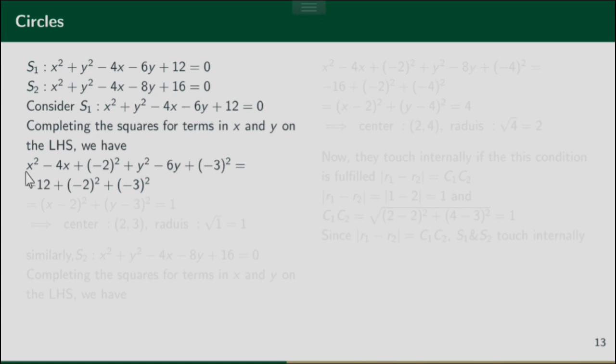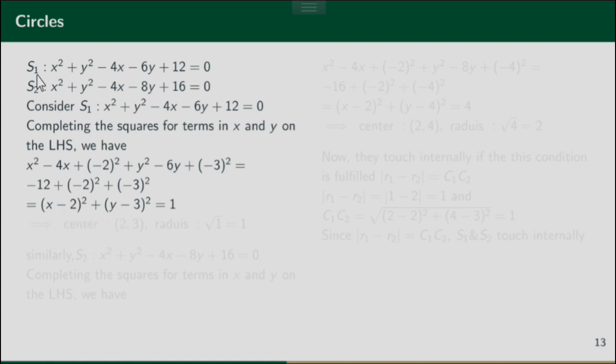Doing that will ensure that the left hand side is now a perfect square in terms in x and a perfect square in terms in y. So computing the squares now, I'll just have x minus 2 all squared, plus y minus 3 all squared is equal to, simplifying all terms on the right hand side, 1.